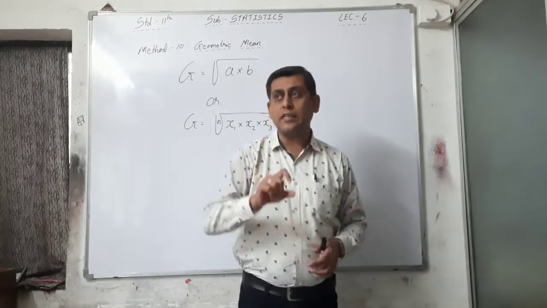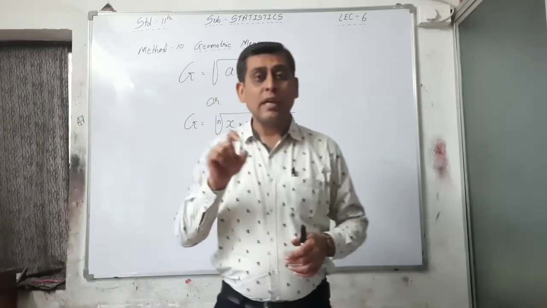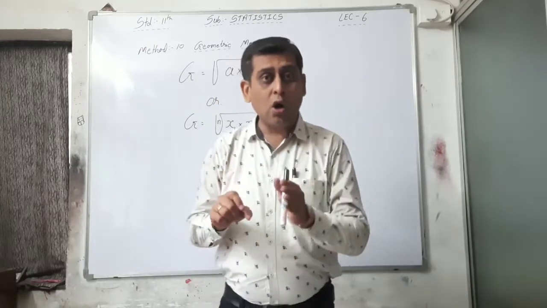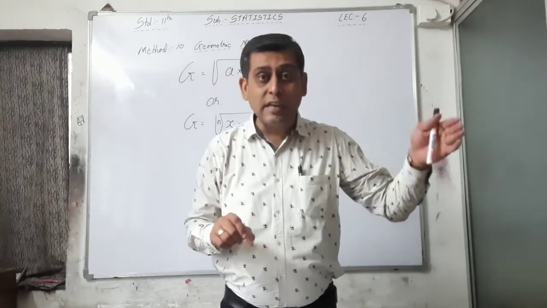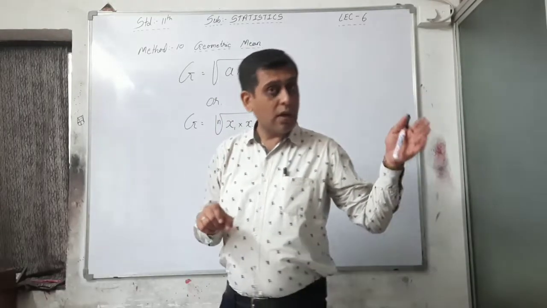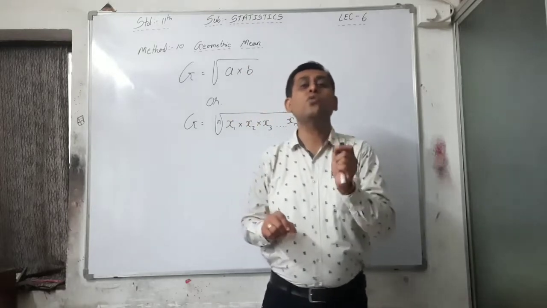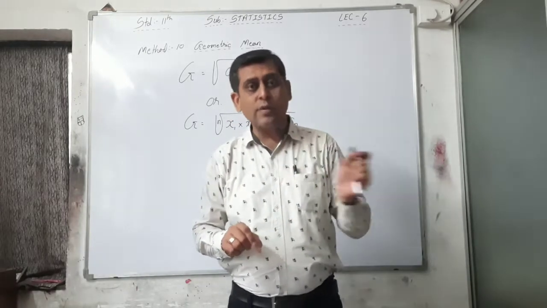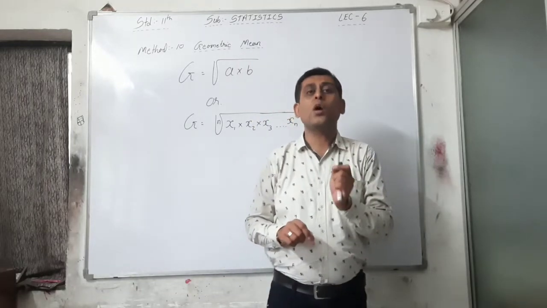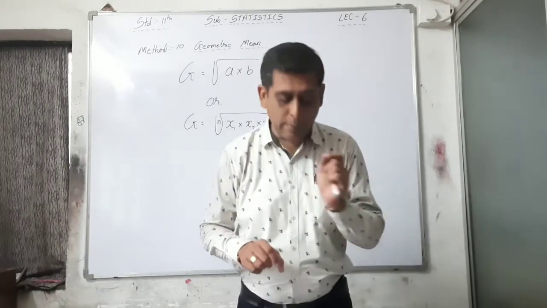Whenever the price is frequently increased by an exact percentage, or the price is decreased by an exact percentage every month, you have to use the geometric mean method, because the arithmetic mean is not appropriate here.